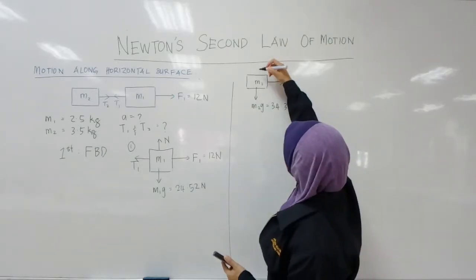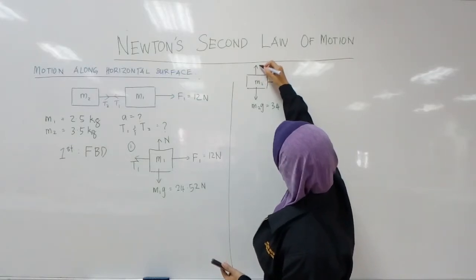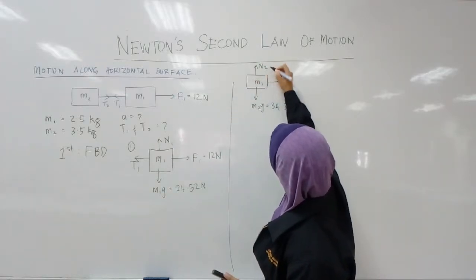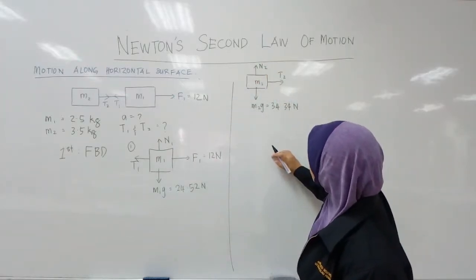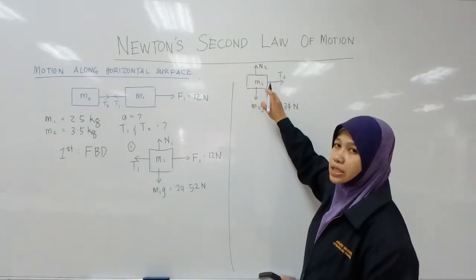And here is the normal force. This is N1 and this is the normal force for object 2. There are only 3 forces acting on object 2.